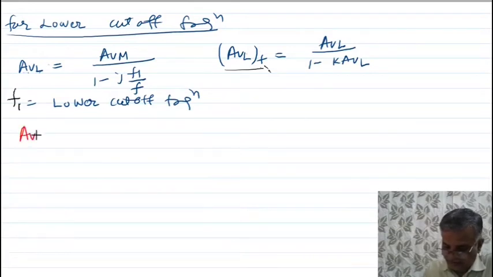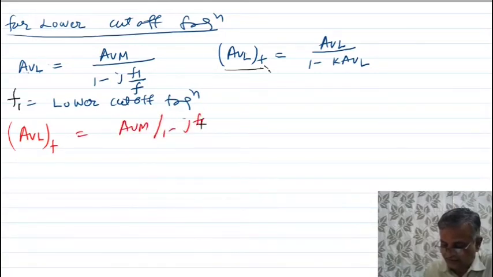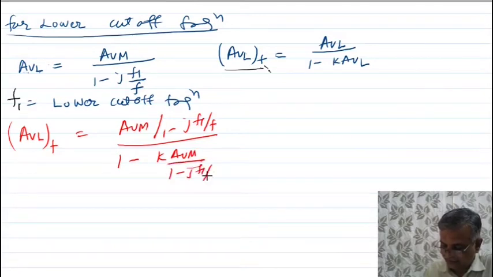Gain of the amplifier at low frequency with feedback is AVM upon 1 minus K AVM, times 1 minus j f1 by f. So I can write AVM upon 1 minus K AVM minus j f1 by f.